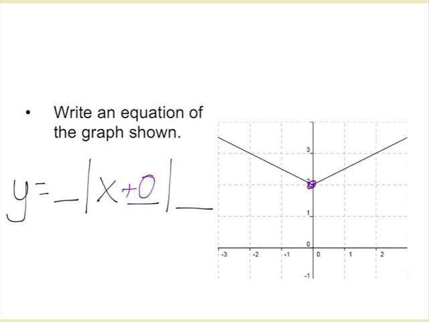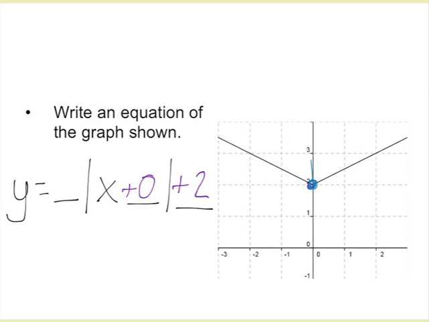A number outside defines an up or down movement of the vertex. So what would that be for this one? +2 for up 2. The number in the front defines the slope of the right-hand portion.